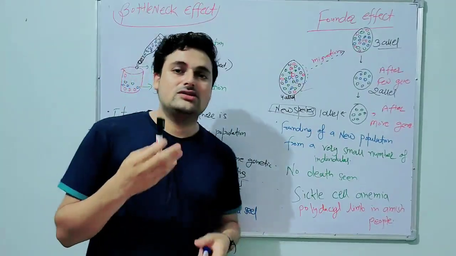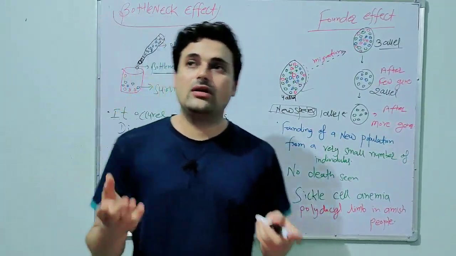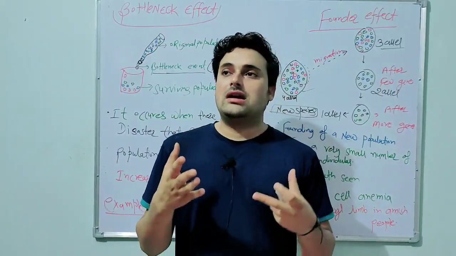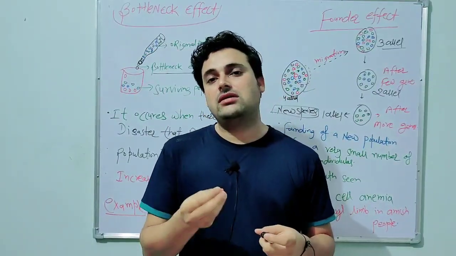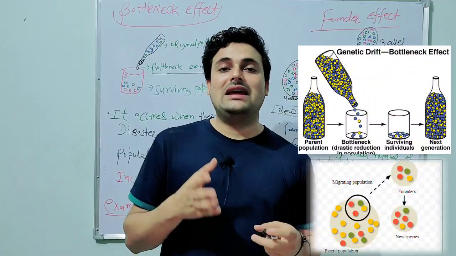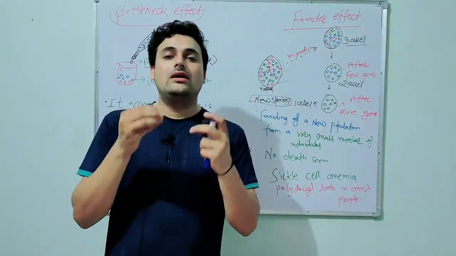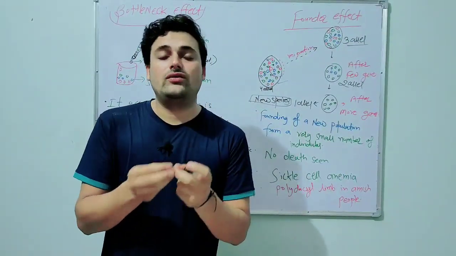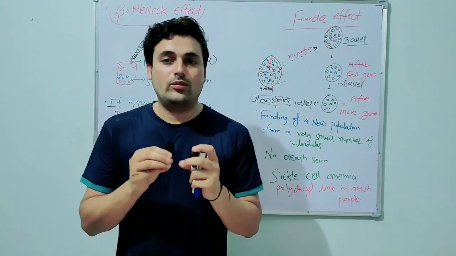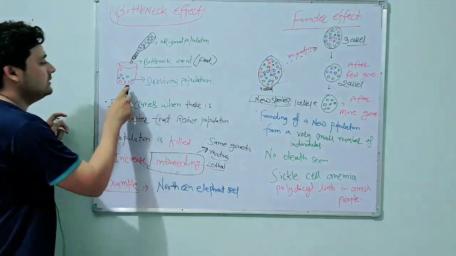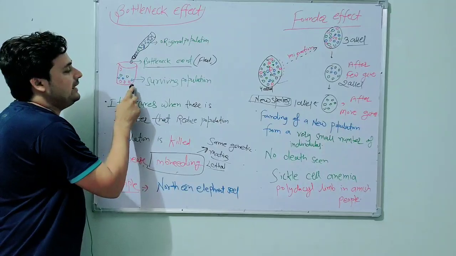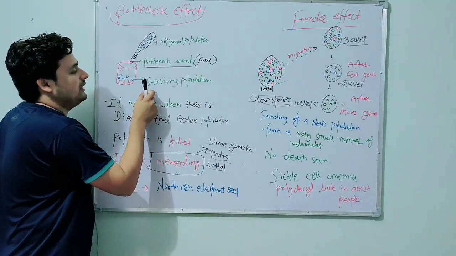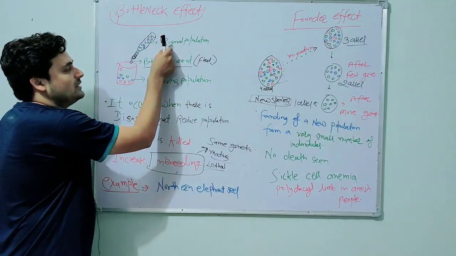A bottleneck event is a natural kind of disaster. It can be a flood, a tsunami, any natural disaster that will be the reason for the death of different kinds of alleles or population. As you can see, this is the surviving population and it doesn't have all kinds of alleles, unlike the original population.